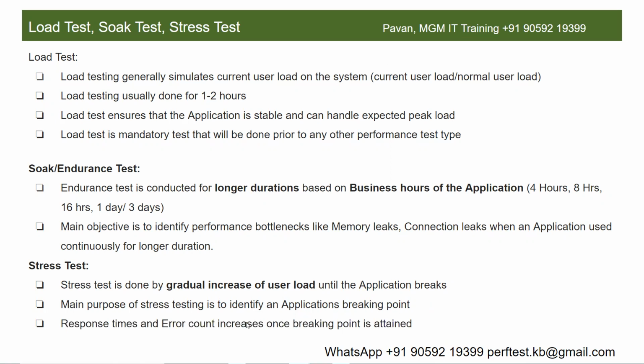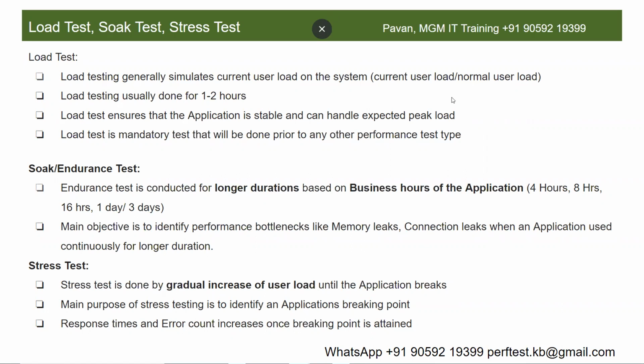And when do we know that the breaking point is attained? Once the breaking point is reached, response times increase and error count also increases. Then you can decide that the application breaking point is reached. Please follow this carefully, because after my explanation we'll have one quick assessment.